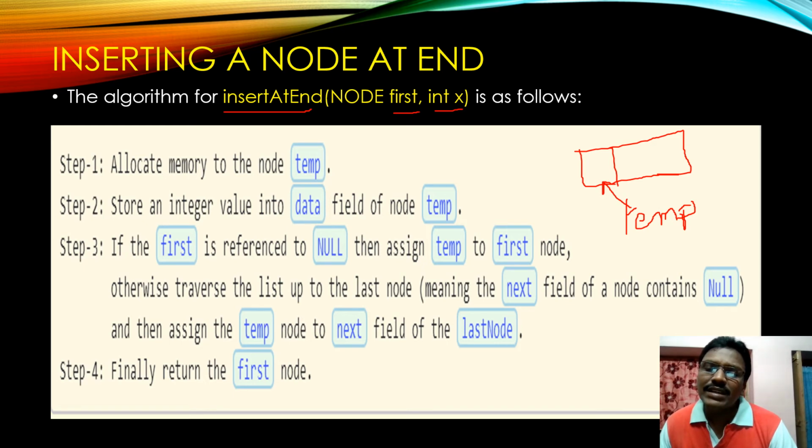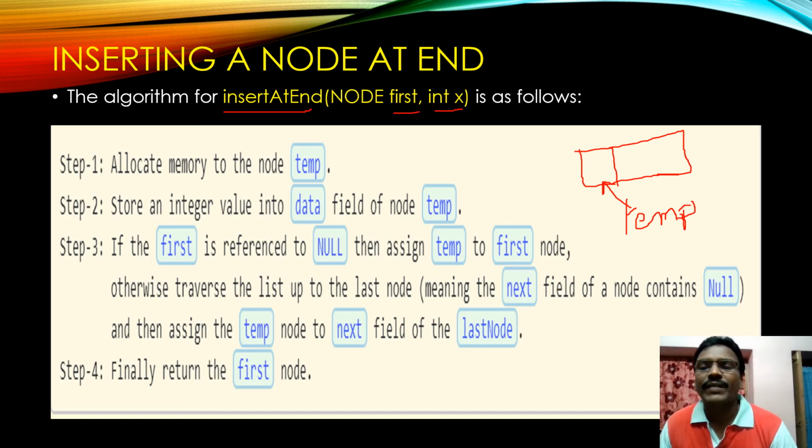In every single linked list, the last node's next is a null value. And assign the temp node to next. At that time, the temp node is the next field of the last. Then finally return the first node of the single linked list.